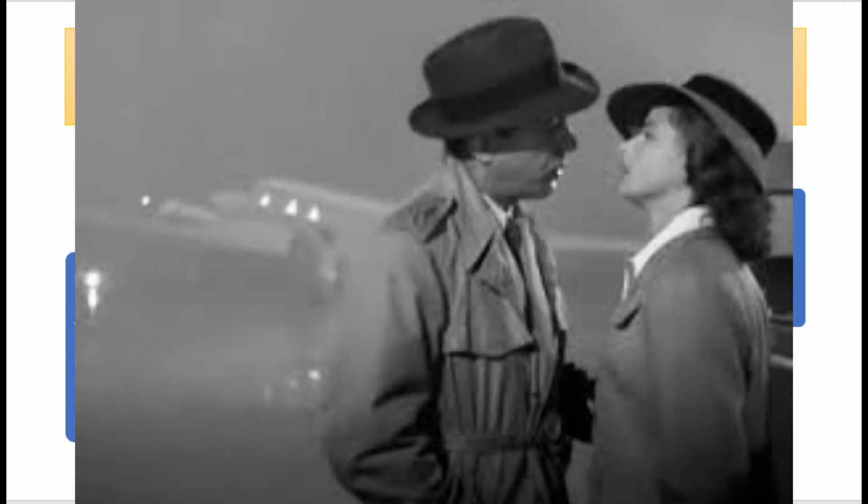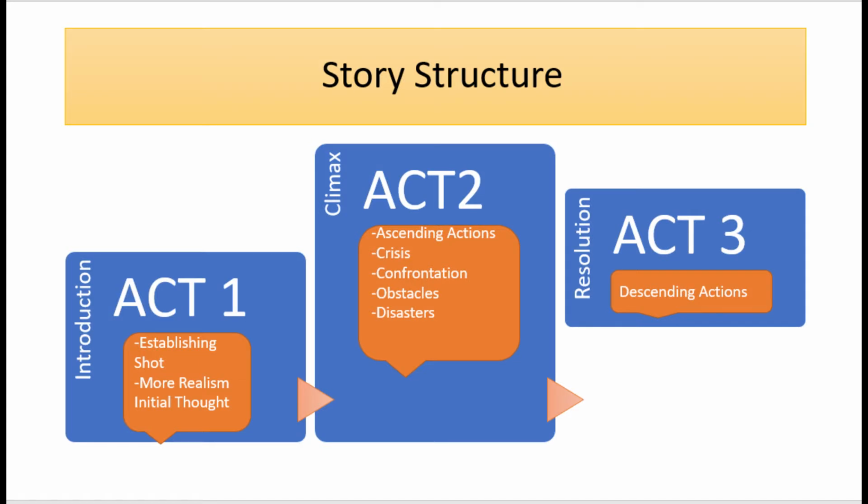For example, a movie like Casablanca is known for the use of expressionistic lighting, a very formalist approach to the use of shadows and light in certain scenes, the kind of noir lighting. But if you actually see the movie, the first act is taking place in the daylight, explaining the city of Casablanca.